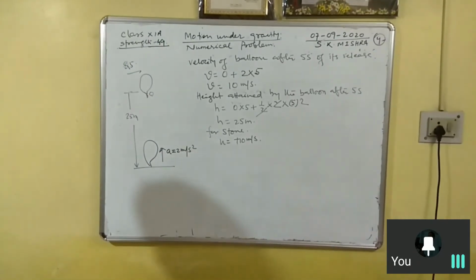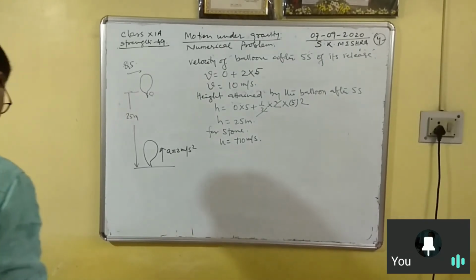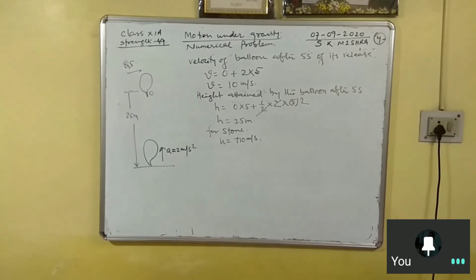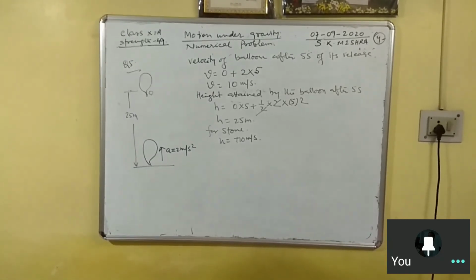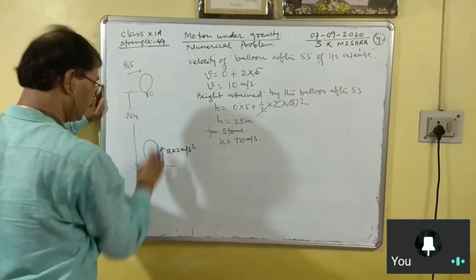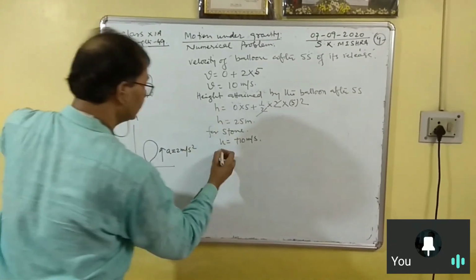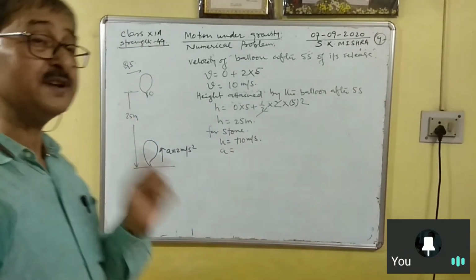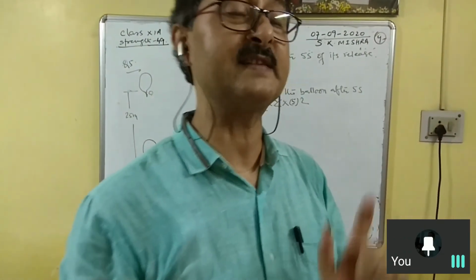Now the question is, what is the time taken by the stone to reach the ground after its release and the total height attained by the balloon. Once it is released from the balloon, the acceleration of the stone will be different from the acceleration of the balloon.